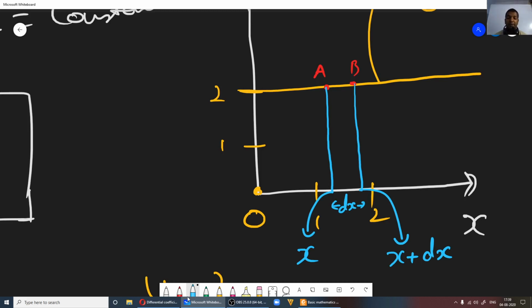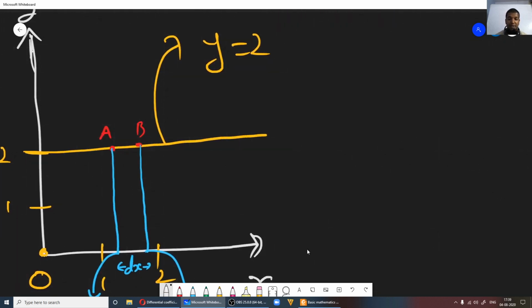Now when you see the change dx, what is the corresponding change in y here? It is better if you compare with this diagram here. Let us take some function here, for example y is equal to x. All of you know that y is equal to x is a straight line which will pass through the origin.